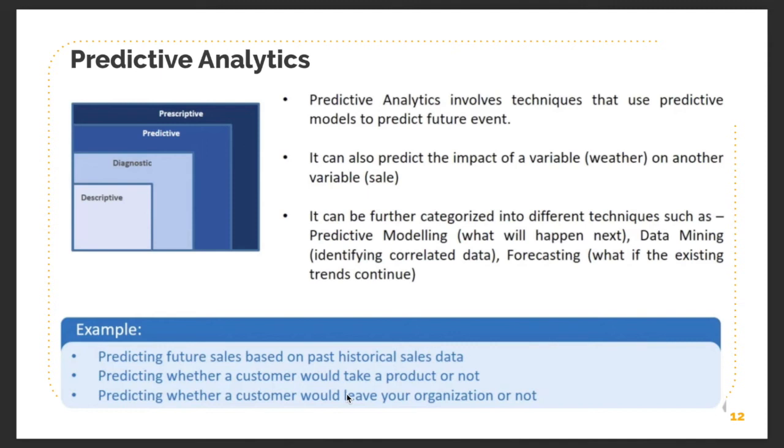Based on historical data, can we predict the population of your program? That's interesting. Also, predicting whether a customer would take a product or not, or whether a customer leaves your organization or not. In the case of Globe and Smart, as a telco, is there a possibility that the customer will churn out or churn in? Those kinds of things are exciting to see.